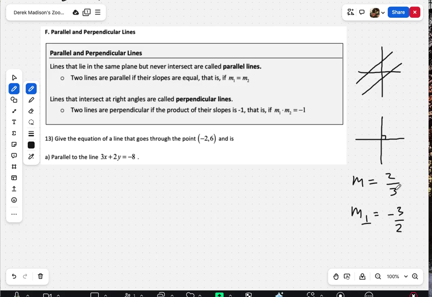So flip the fraction: instead of 2/3, it'd be 3/2 with the opposite sign. And then if you multiply 2/3 times -3/2, you get -6/6, that would be -1, which is what the definition says it's supposed to be.